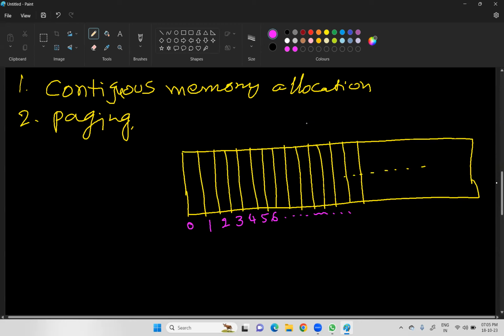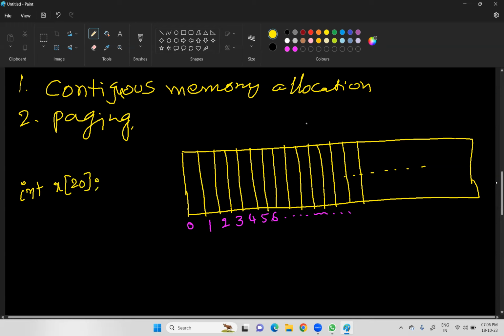Whereas contiguous: when using a language, whichever language you use, you may declare a variable, something like integer x of 20. An array can be declared by you.